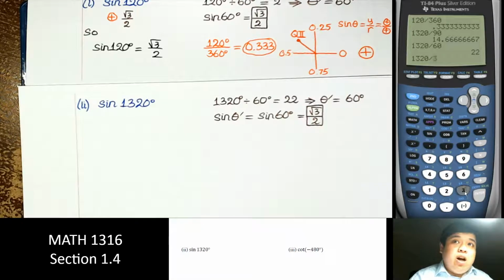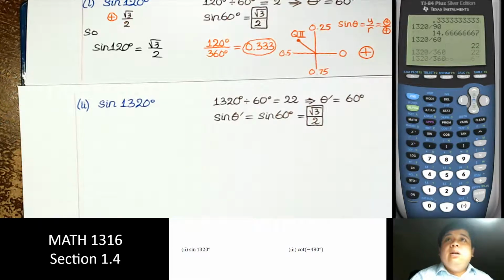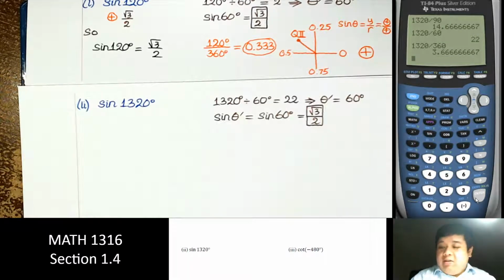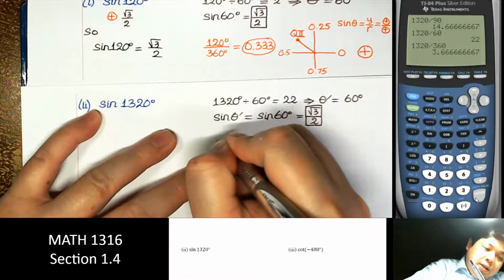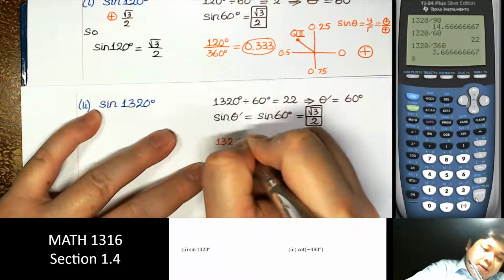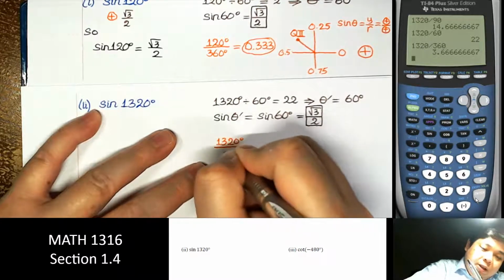Now we just need to determine the quadrant. So that is 3.667. 1320 divided by 360.